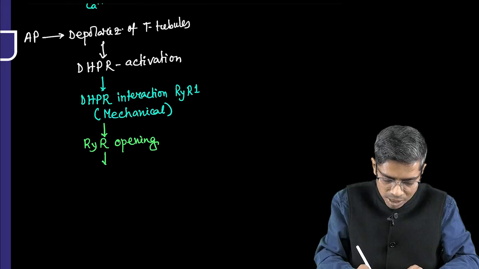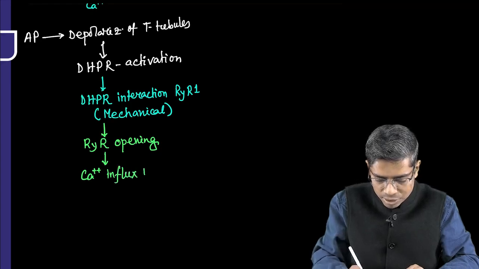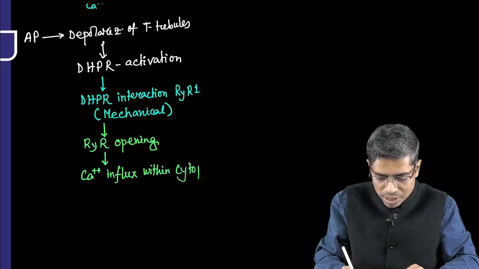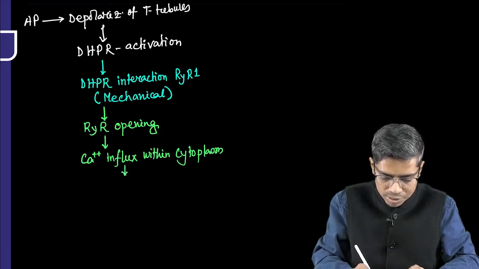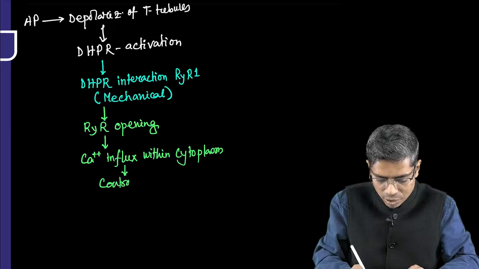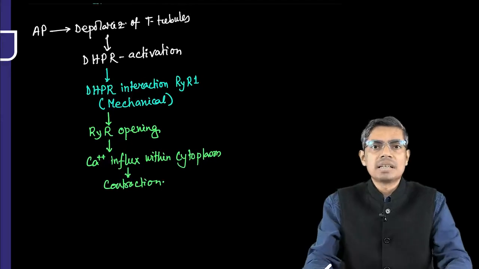Because of the opening of the RYR channel, the calcium influx will occur within the cytoplasm of this muscle, and this calcium is going to cause contraction of the skeletal muscle.